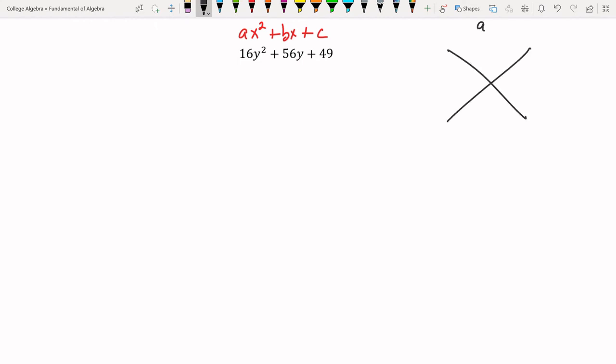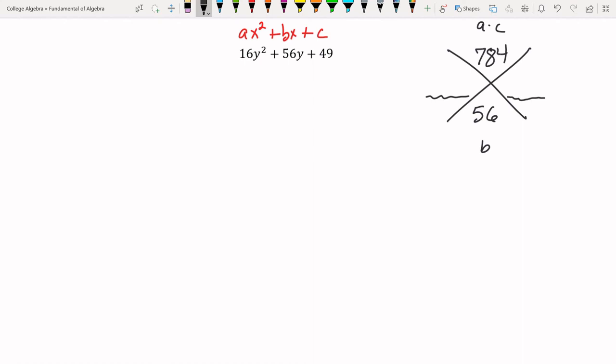So a times c on top, 16 times 49, 784, and b on bottom gives 56. So we need two numbers that multiply to give 784, but add to give 56.